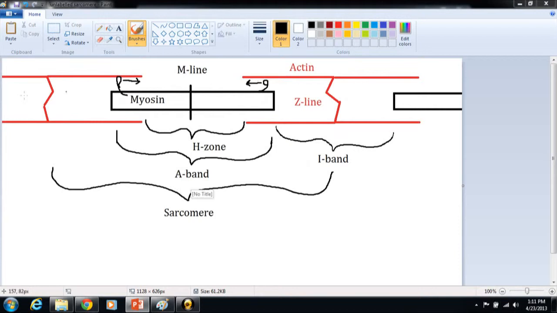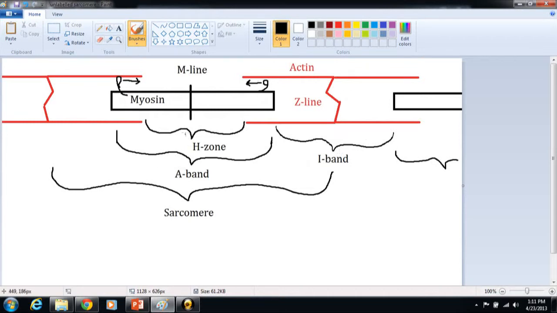Okay, so in addition to that, your A bands, so there's an A band here, it's the myosin. You have another myosin over here, and basically you have these repeating segments. What happens when you have contraction is those Z lines are pulled closer together, and then the A bands are closer together. So this A band and this next A band over here, okay, are going to be closer together.